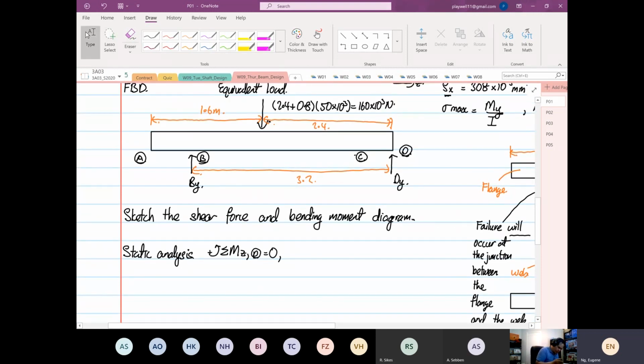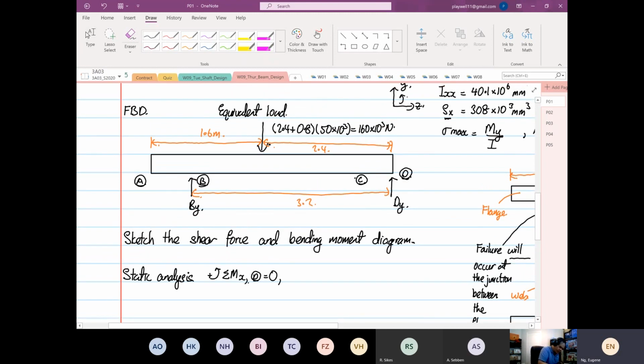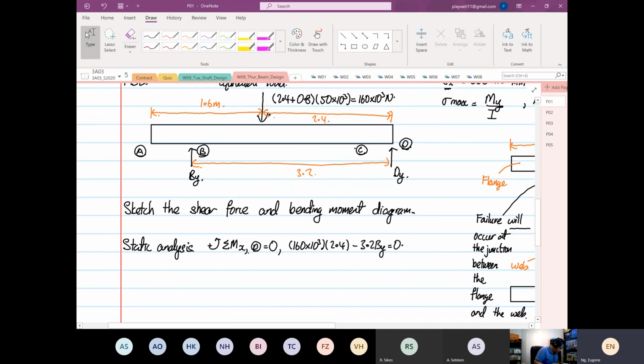Sorry, not Z, this is X, because Z is in the direction and this is our rotation about X. So we will have 160 times 10 to the power 3 multiplied by a distance of 2.4 minus By times 3.2, and the whole thing will be equal to 0.